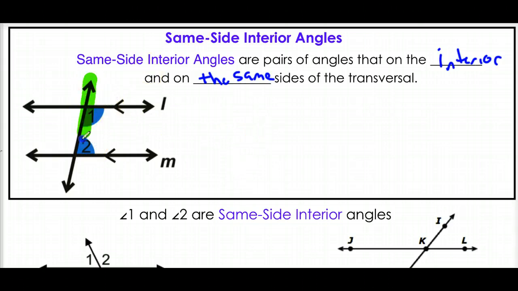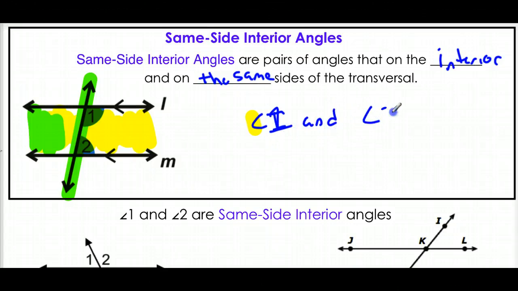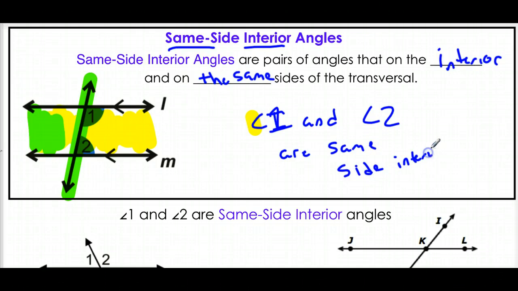If you look at angle 1 and angle 2, sure enough, they are both on the same side of the transversal and on the interior. So they're same side interior angles.